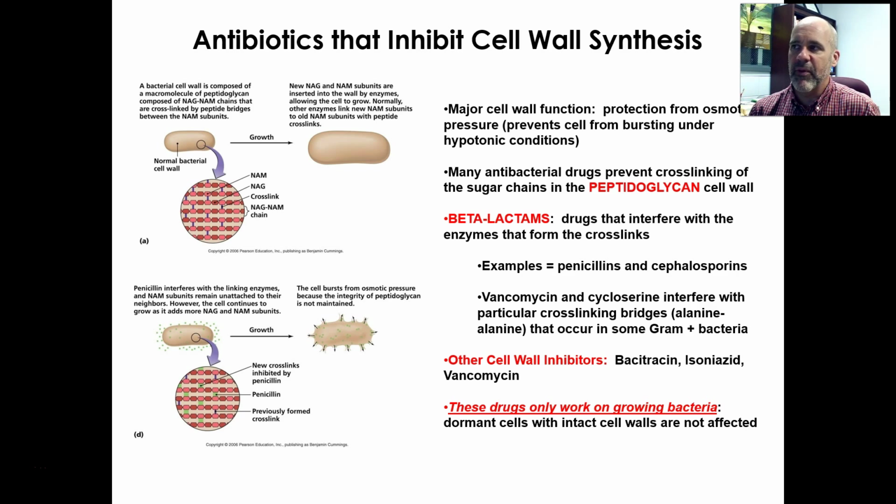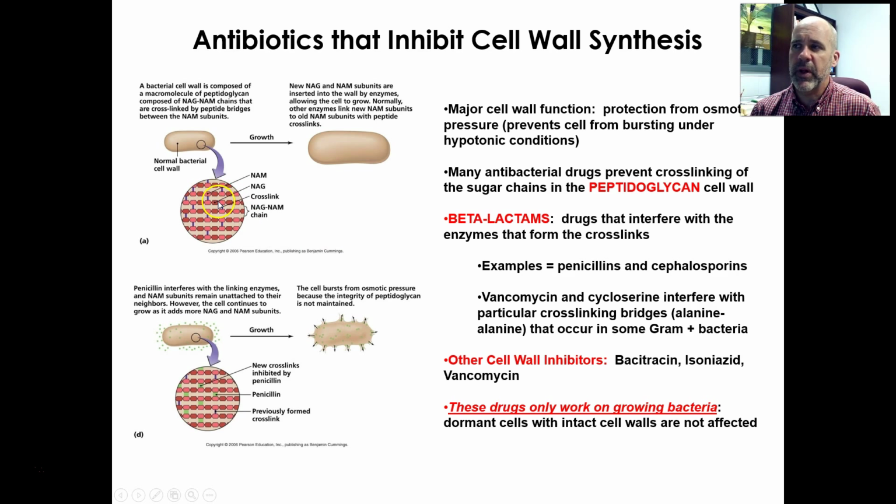So this is pretty common for antibacterial drugs to disrupt the production or the repair of the peptidoglycan cell wall. Remember, bacteria have that, our cells do not. So that's good. You want to find a drug that screws up some sort of microbial structure or process that doesn't exist in our cells.